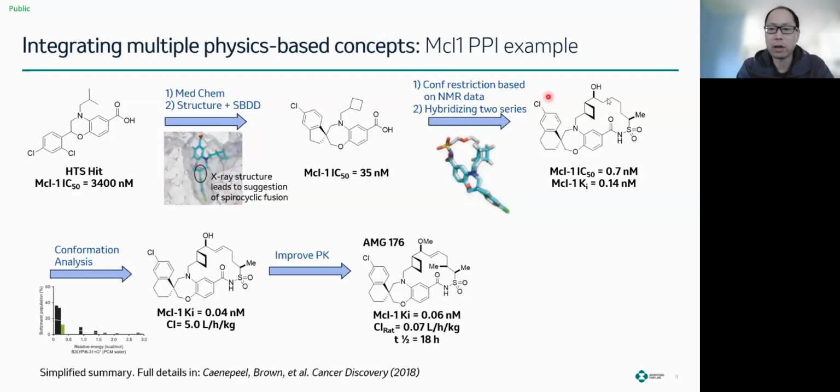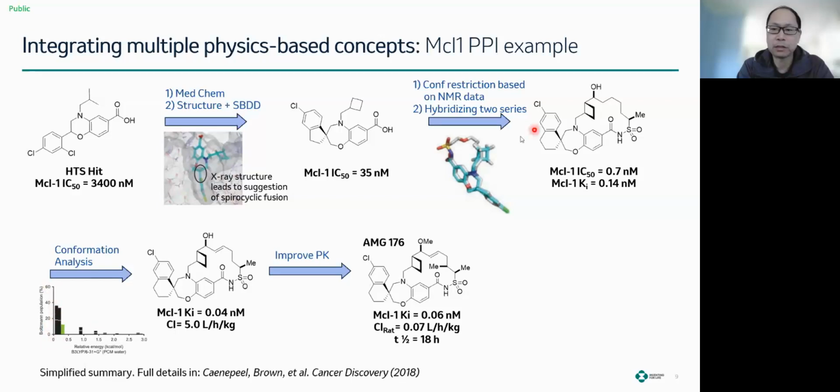And then looking at this molecule in the structure, and doing a conformational analysis, so enumerating the conformations that the compound could have, the low energy conformations, and then plotting this out. So this is low energy, and this is the Boltzmann population.